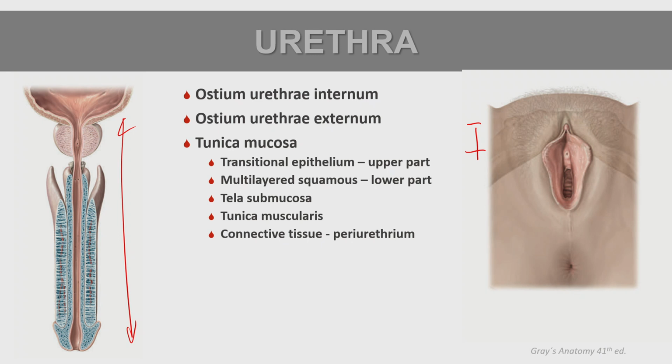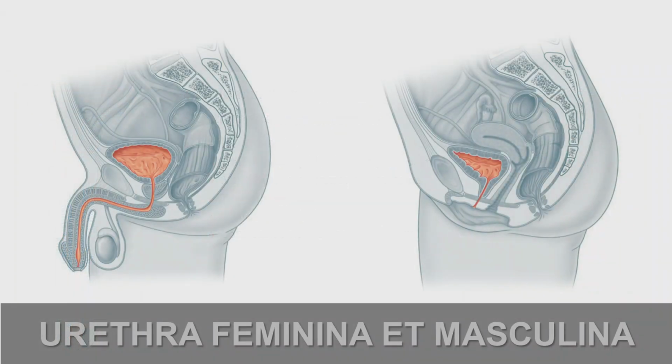And around is the periurethrium. In male, the urethra is passing through the prostate, then the pelvic floor, and then through the penis. In female, it is a little bit different, because there is no prostate and no penile part, so we have only a short part where the urethra is passing through the pelvic floor.